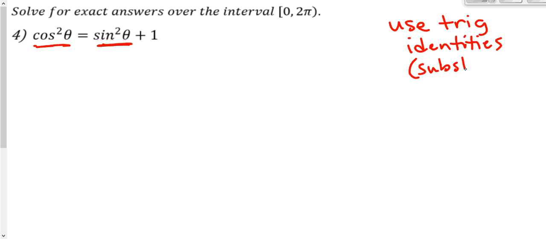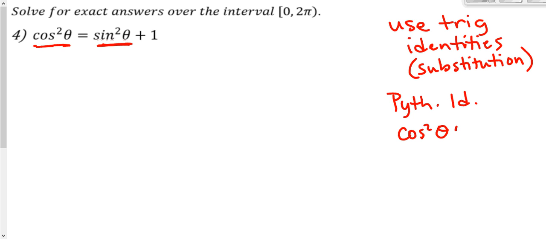What we want to do in the process of doing a substitution is eliminate one of the trig functions and just leave the problem with one trig function. So do you remember the trig identity that involves cosine squared theta and sine squared theta? Good, I'm glad you do. It's the Pythagorean identity. It's the one that says cosine squared theta plus sine squared theta equals 1. You can say sine squared theta plus cosine squared theta. It doesn't matter what order you say those in or write them in.